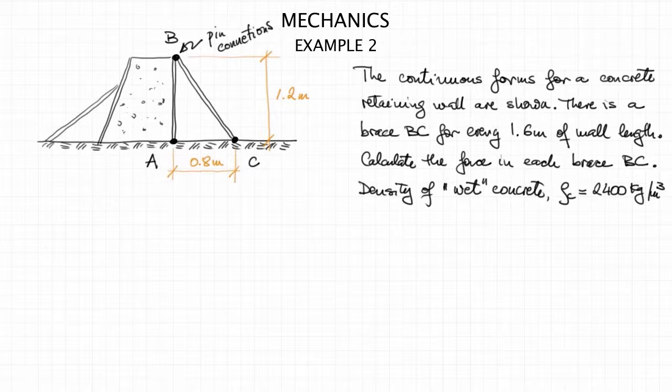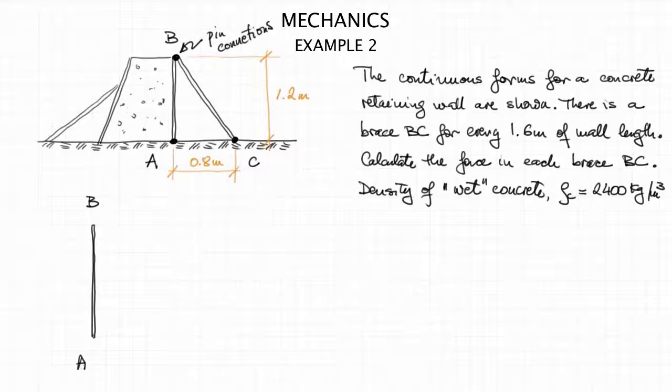So we only look at the right side of the concrete wall. It doesn't matter what happens on the left-hand side of the concrete wall. The pressure on AB will not be influenced by the width of the wall.